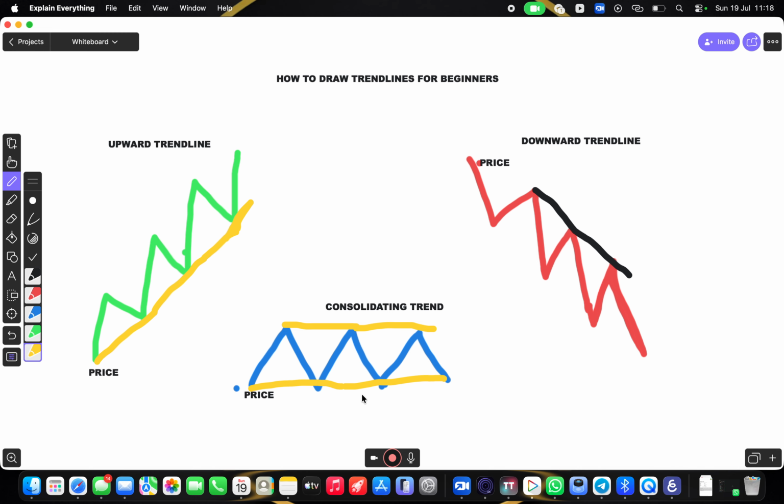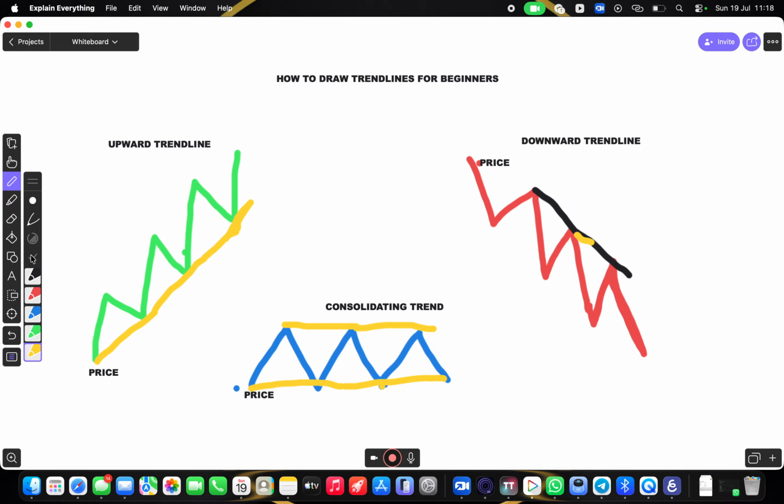So it means on a consolidating trend, I'll be taking my trades for buys underneath here, and for sells, I'll be looking to take sells over here. Okay, so for upward trend lines, you must pick your troughs, and for downward trend lines, you choose your peaks. Okay, and then you connect your trend line with every point of your market structure.